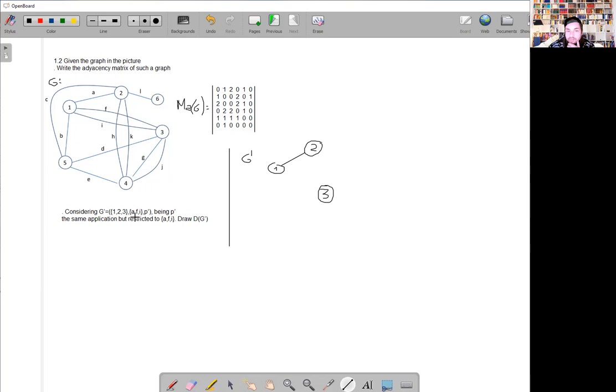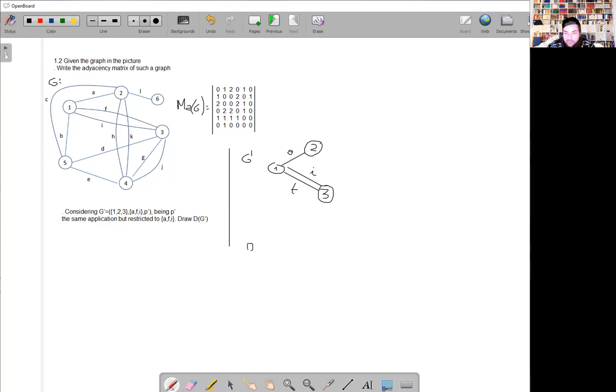We have F between 1 and 3. And then we have I also between 1 and 3, right? Let's write the names A, F, and I.